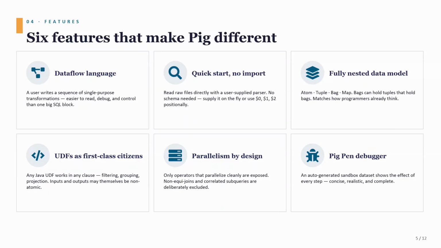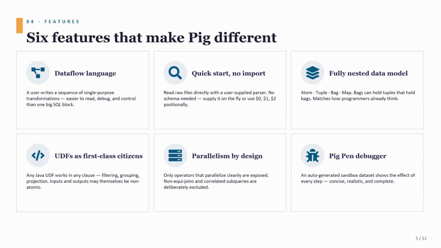The second one is that Pig is very quick to start because no fixed schema is required. We can directly load a raw text file like student.txt without creating a table first. If needed, we can define fields while loading, such as name and age. This flexibility is useful when handling large amounts of raw data.